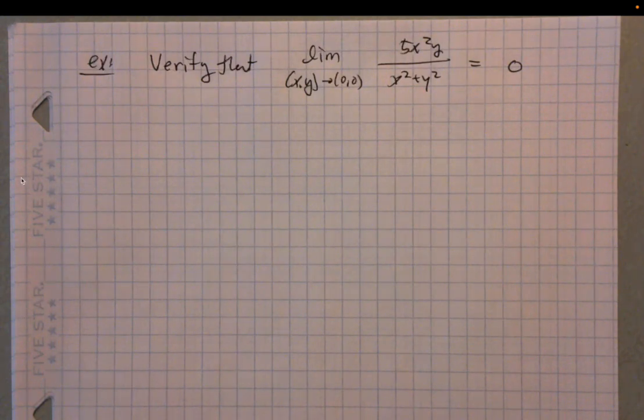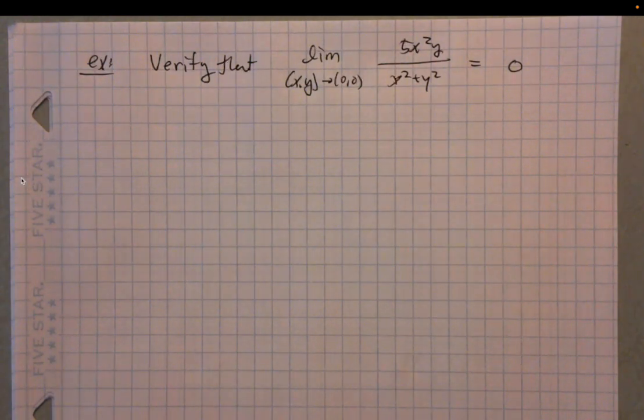This one is actually kind of tricky to evaluate because the limit of the numerator and the denominator are both 0, and that's an indeterminate form. To evaluate it you'd have to do quite a bit of work, but we're going to just take as given that this limit is indeed 0.